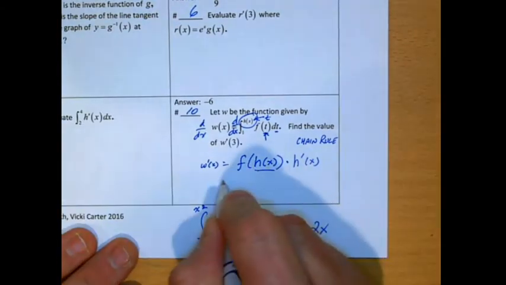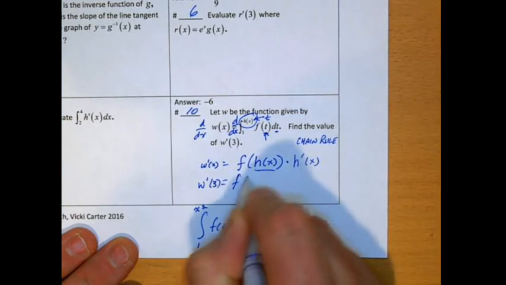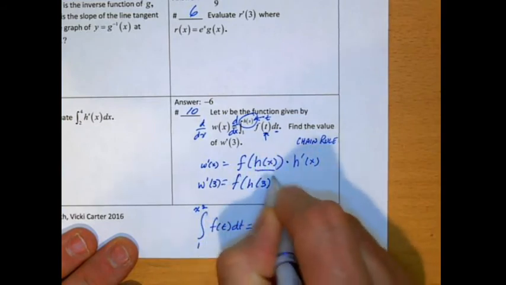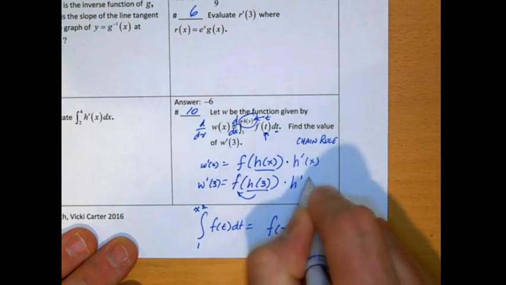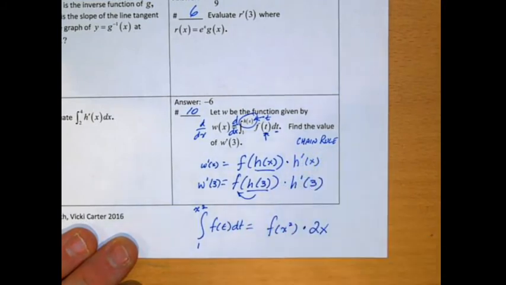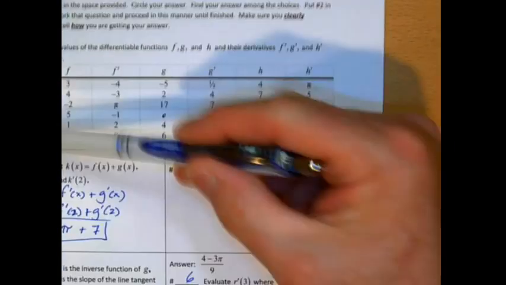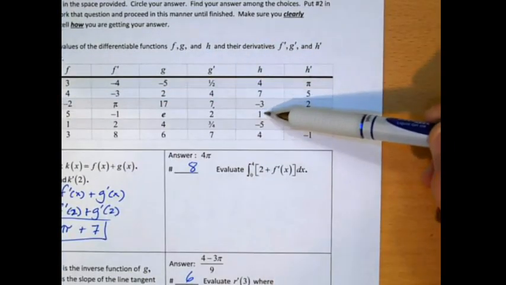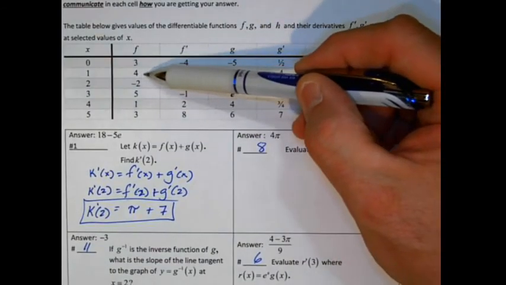All right, so in this case, if we're looking at w prime of 3, we need f of h of 3 first. We need h of 3 first, and then we need to find it with f, and then the slope at 3 of h. So h of 3 is 1, and then we have to find f of 1, which is 4.